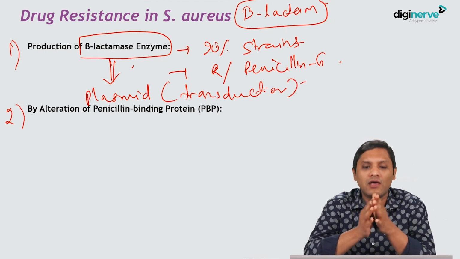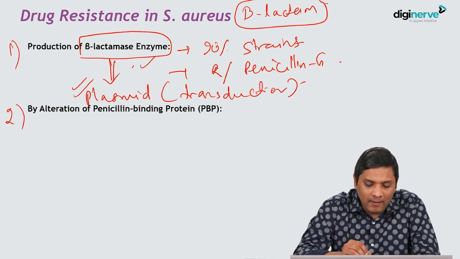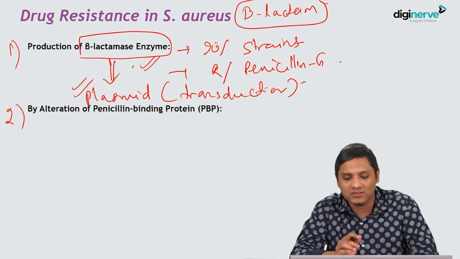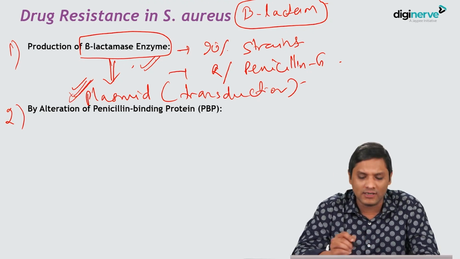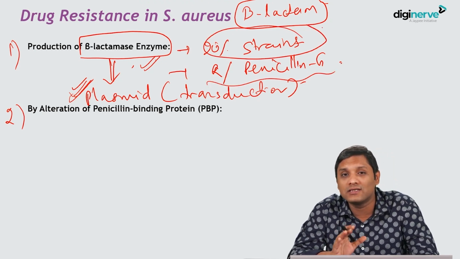So please remember, the plasmid-coded resistance is by beta-lactamase enzyme.